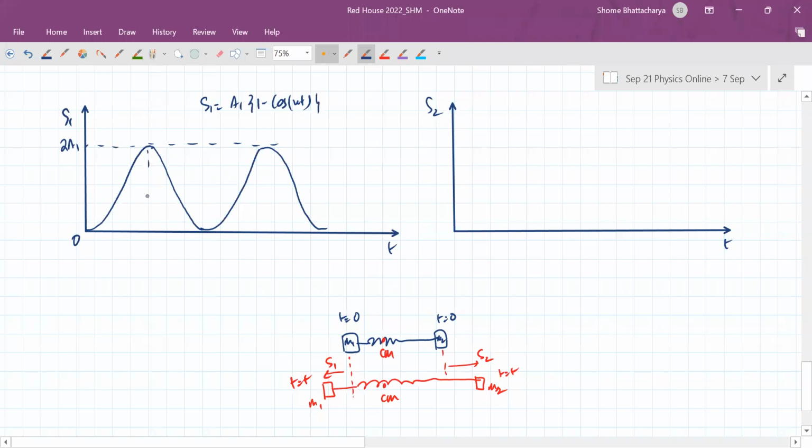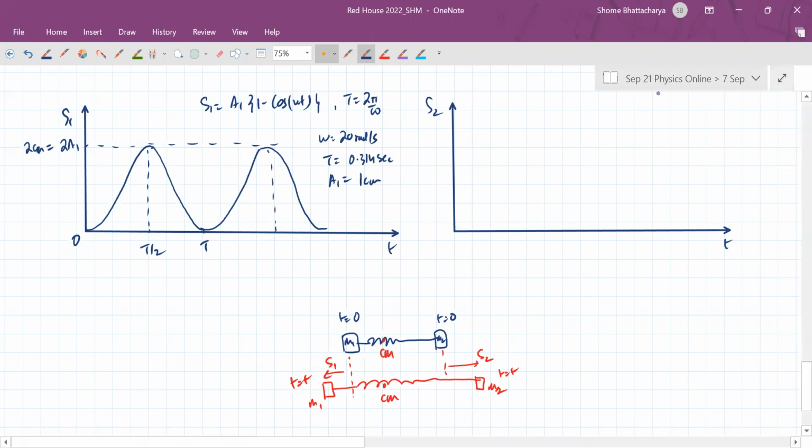This is half a cycle. This is a cycle. We saw that omega was 20 radians per second and the time period was therefore 0.314 seconds. And therefore this maximum displacement would be 2 centimeters, because a1 was 1 centimeter.